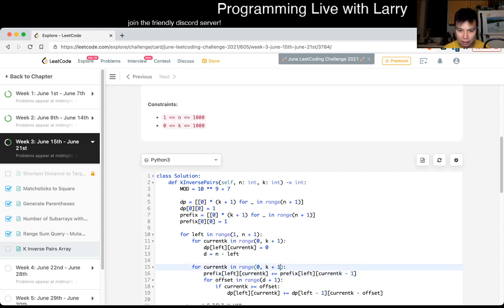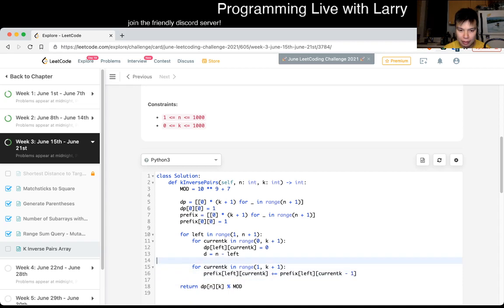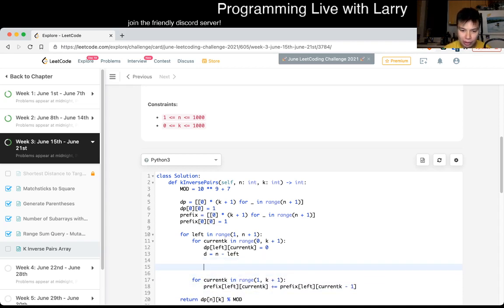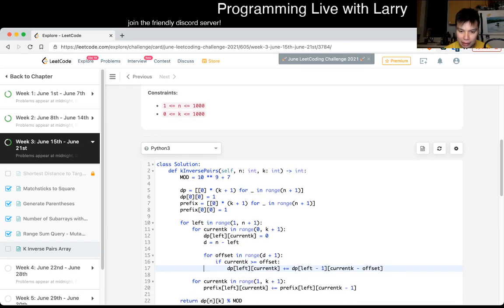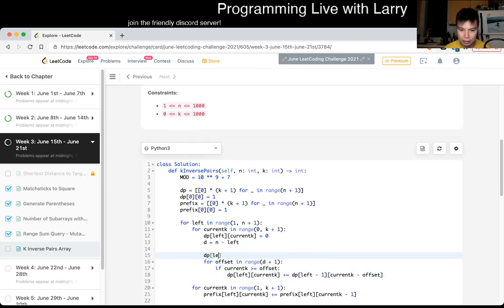So actually let's start this as 1, right? And then now in that recurrence, now that we have that here, that means that dp of is just equal to the prefix of left minus 1 current k.